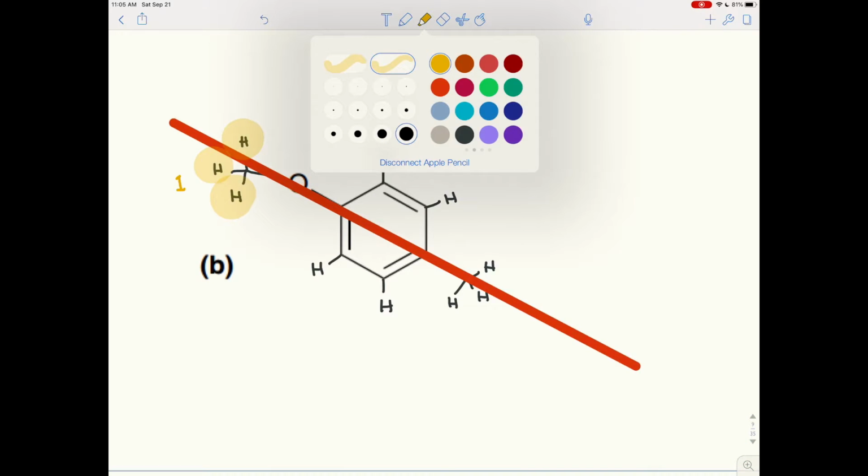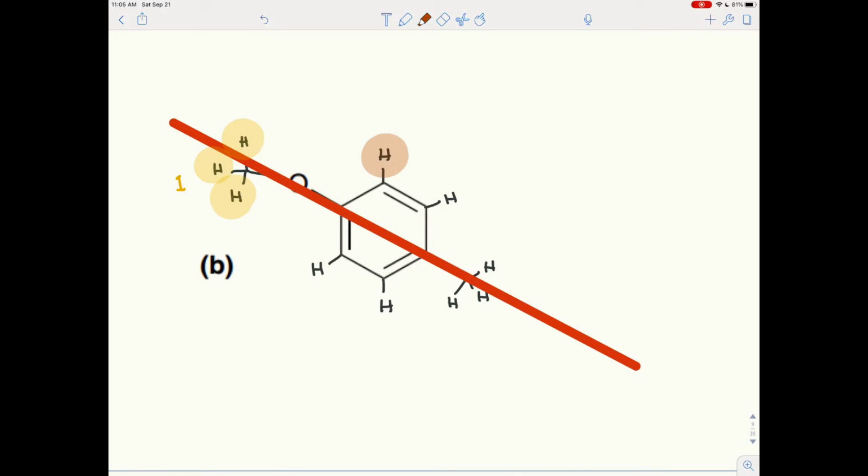If we think about the hydrogens here, say that hydrogen, that has this methoxy group to the left, and then this other part of the molecule to the right. And because of the symmetry, the hydrogen on the other side of the line of symmetry is in that same environment. You'll notice it also has the methoxy group to the left and the whole other rest of the molecule to the right. And so those two together will only give rise to one signal. That will be our second signal.